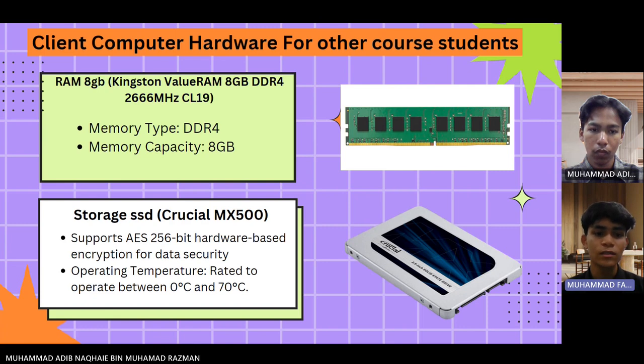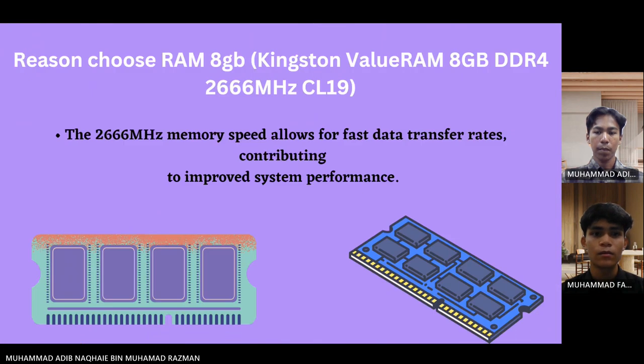It supports AES 256-bit hardware-based encryption for data security. Its operating temperature is rated to operate between 0 Celsius to 70 Celsius. The reason why we choose this RAM is because its speeds allow for fast data transfer rates, contributing to improved system performance.